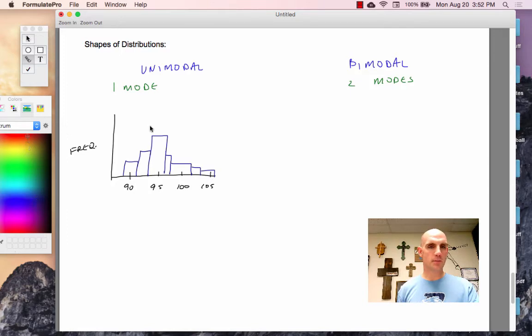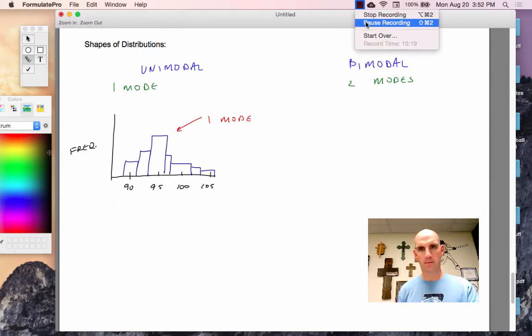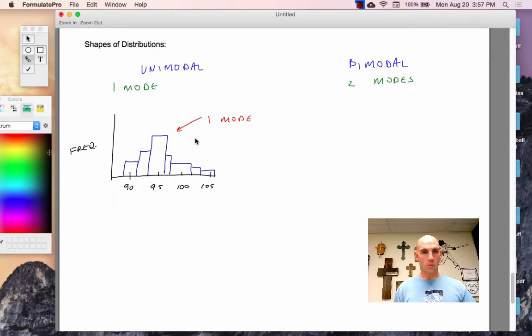And it's unimodal because I see there is one mode. It's obviously denoted by this largest bar here, which tells me that that data value has the highest frequency.